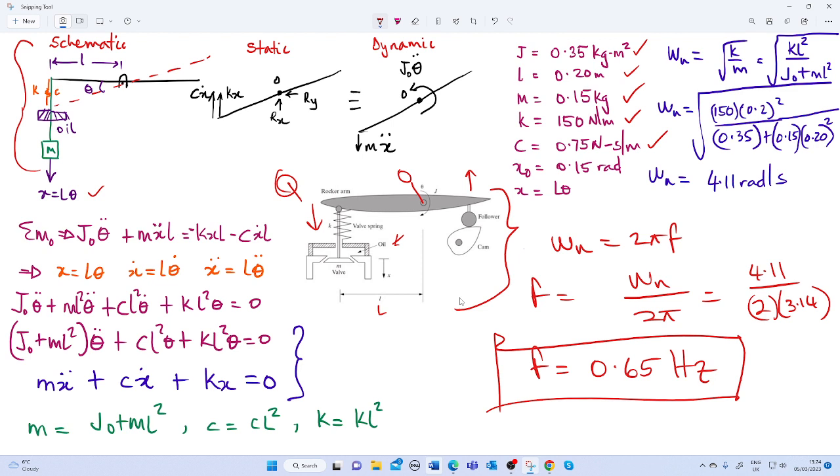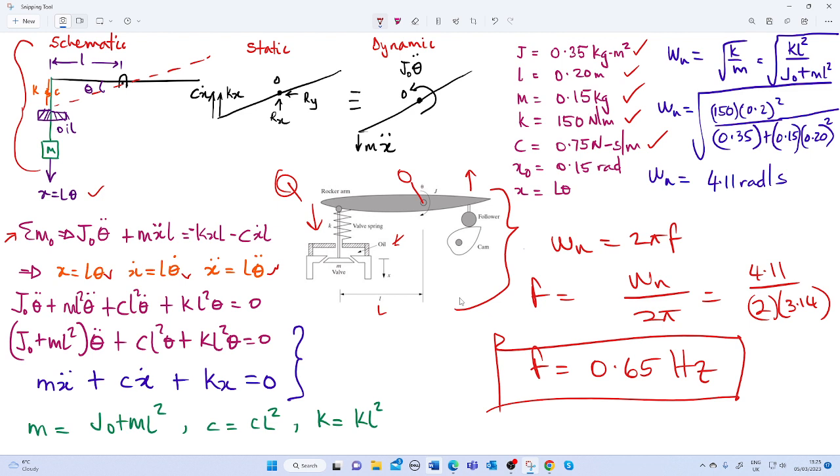Now, by equating the dynamics and the static equation together, we have the summation of moment about 0, that is about the pivot, equals J multiplied by theta double dot plus m L double dot L equals minus k x L minus c x dot L. And know fully well that x equals L theta, x dot equals L theta dot, and x double dot equals L theta double dot.